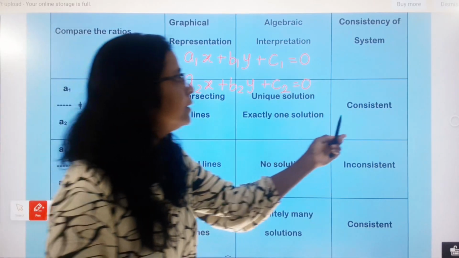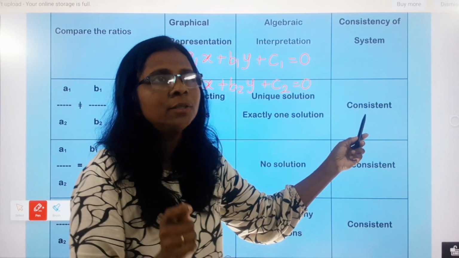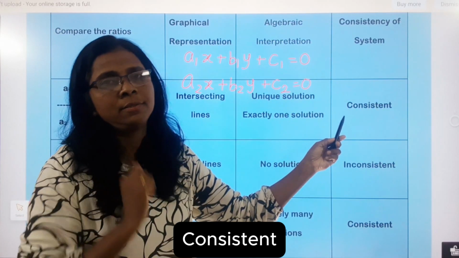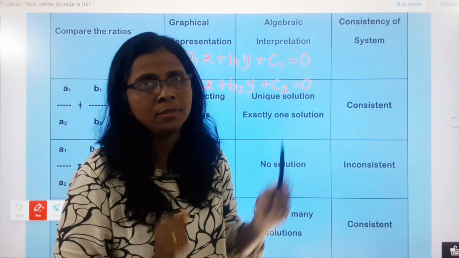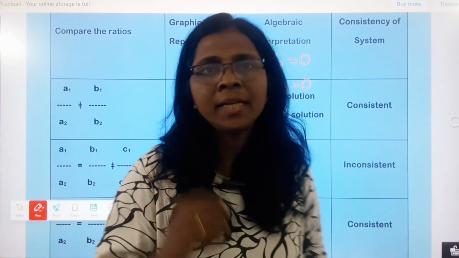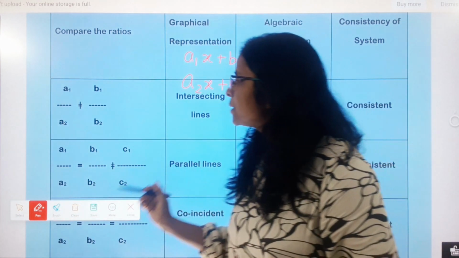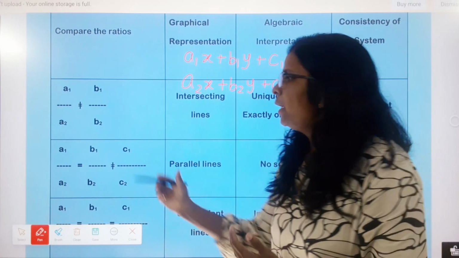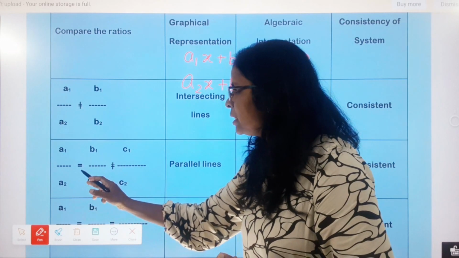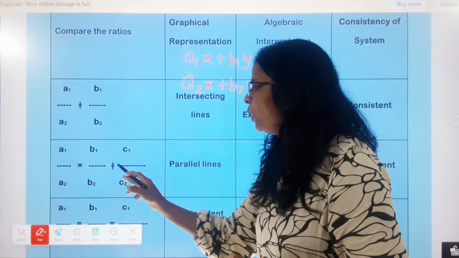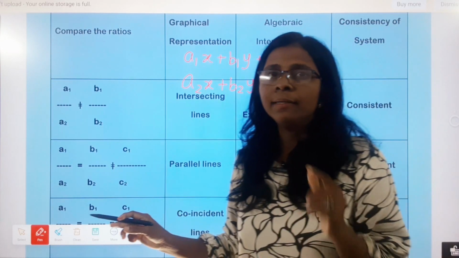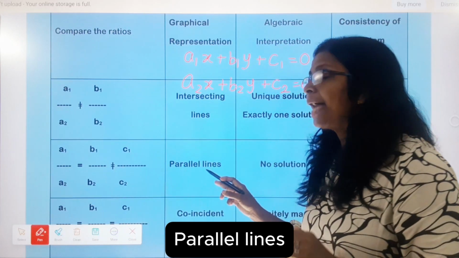And the lines are, or equations are, consistent. Okay. Now the second condition. Second is if you get the ratios in such a way that a1 upon a2 is equal to b1 upon b2, which is not equal to c1 upon c2, then we get the lines as parallel.